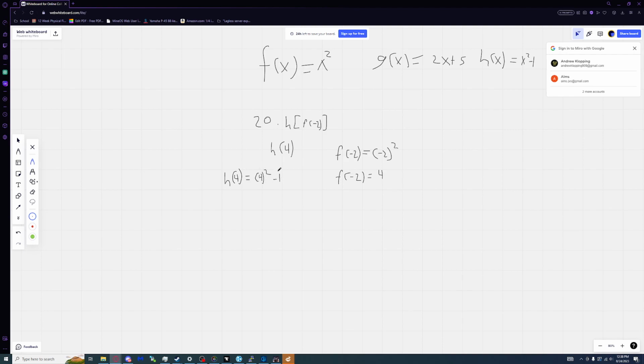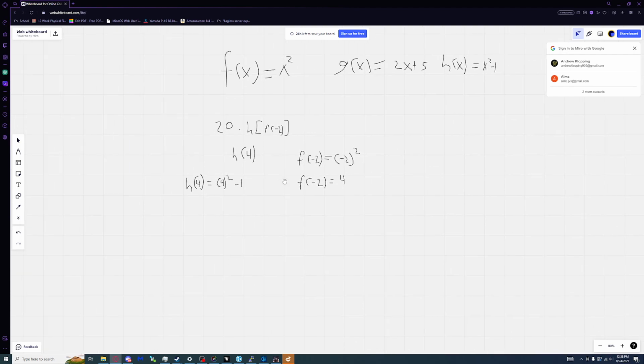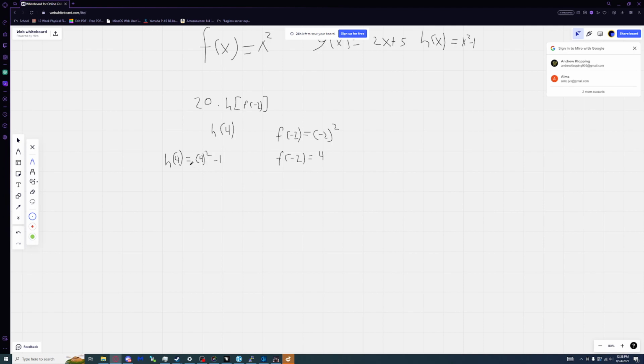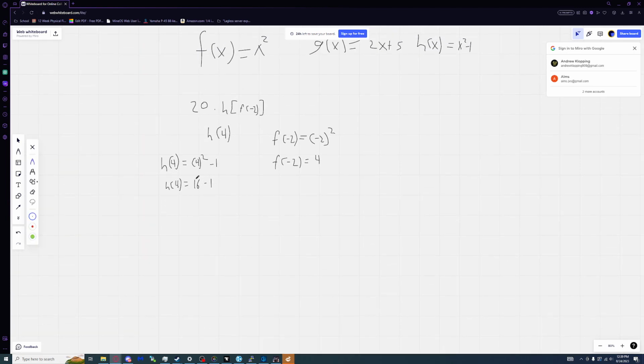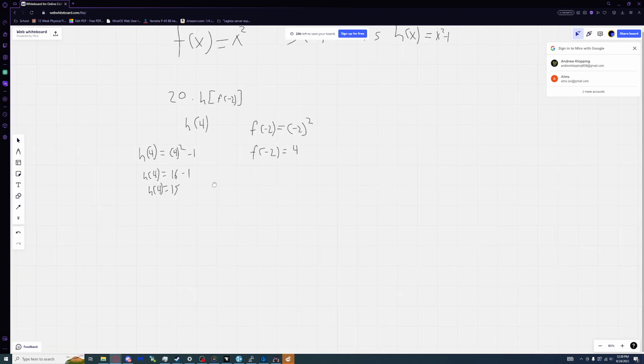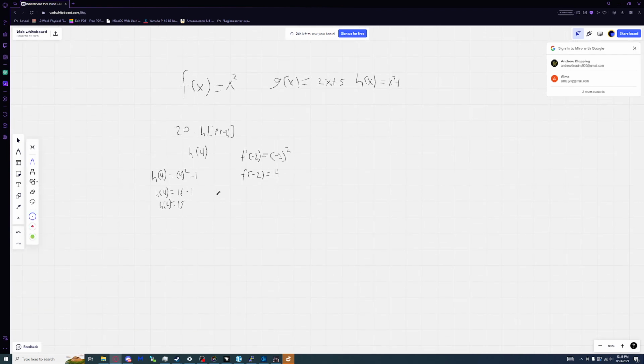And whenever I use these parentheses, it's usually because I'm plugging something in. So, squaring the 4, now we get 16 minus 1. And finally, just subtract that, we get 15 equals h of 4. There we go. It's as simple as that.